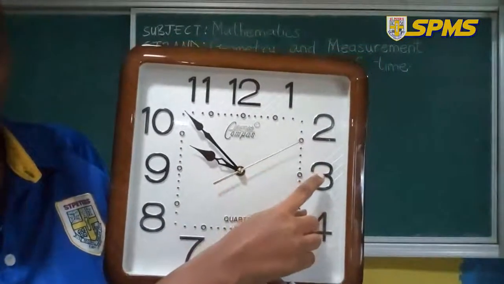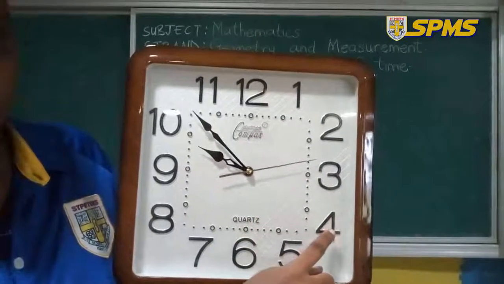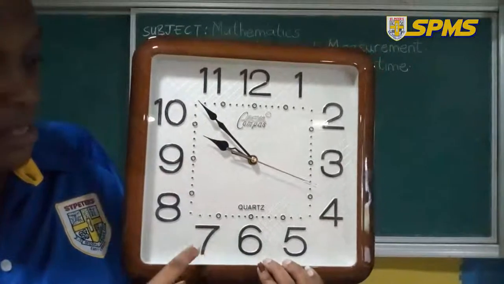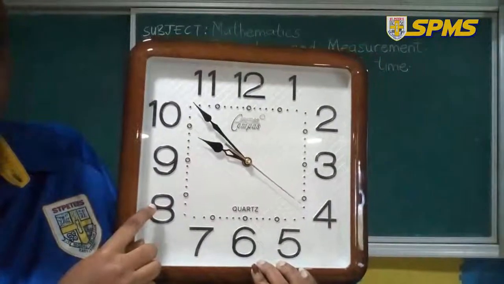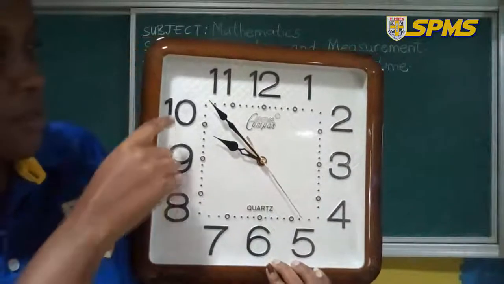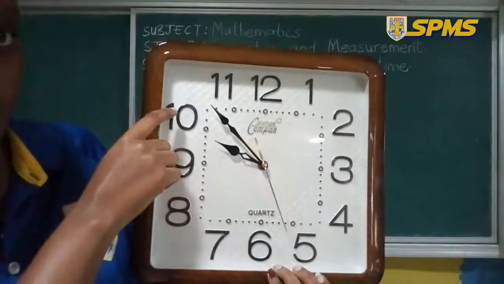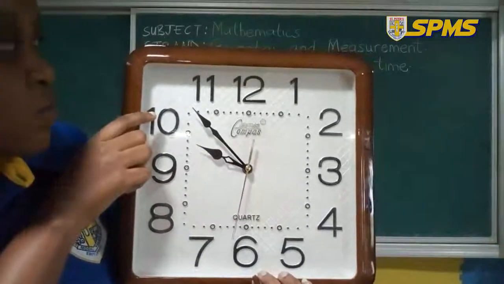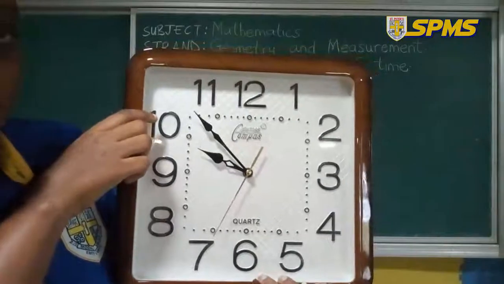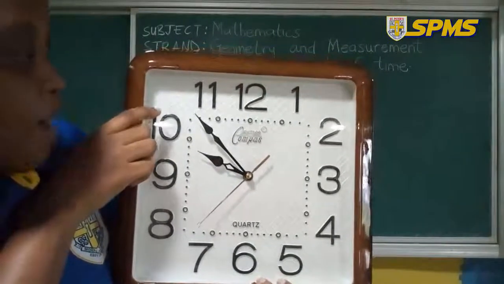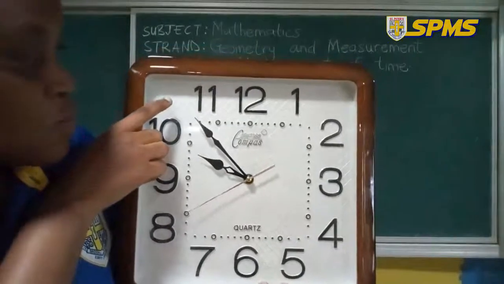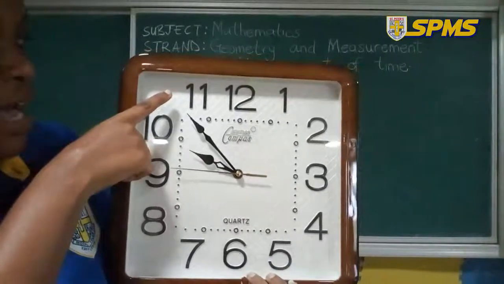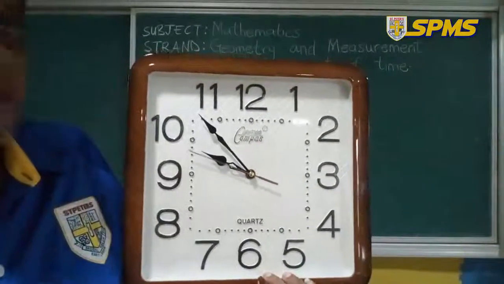So another 5, 15, 20, 25, 30, 35, 40, 45, 50. It is not yet on 11, so we have to count our small strokes. So we have 51, 52, 53. So the minute hand is on 53.